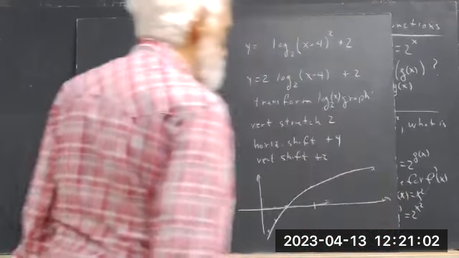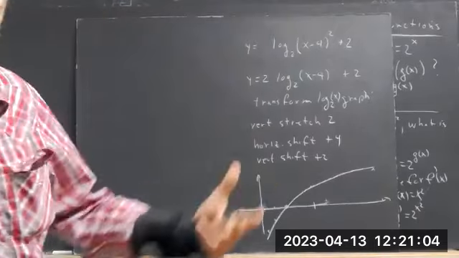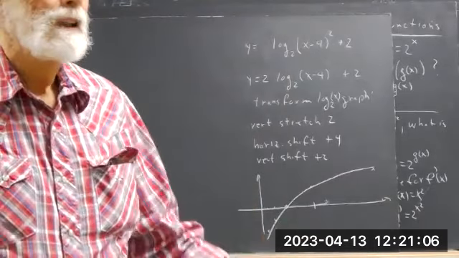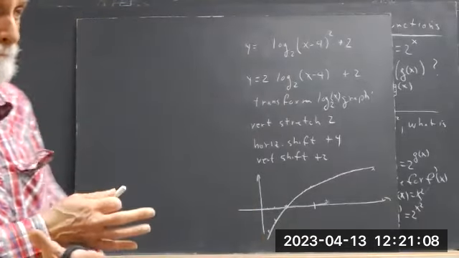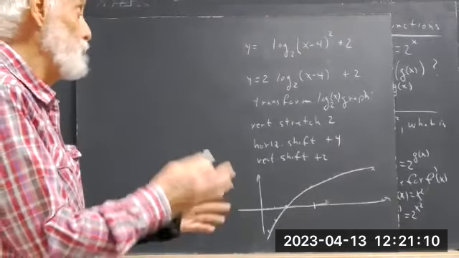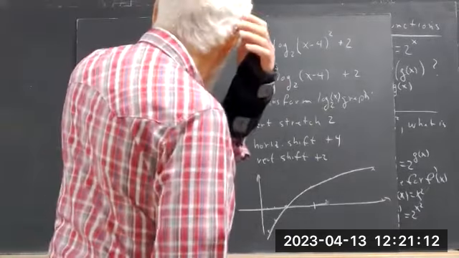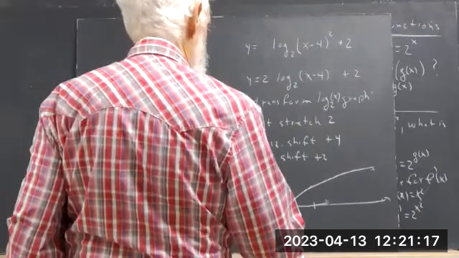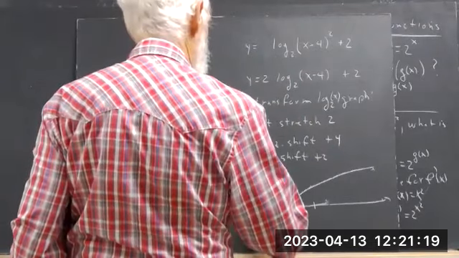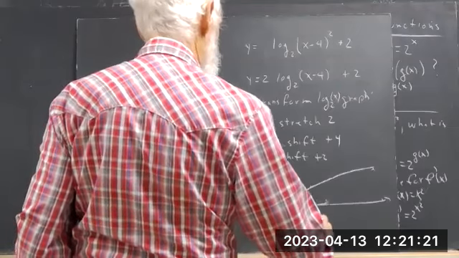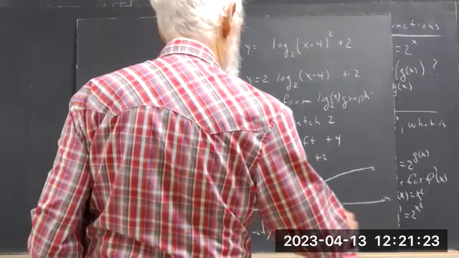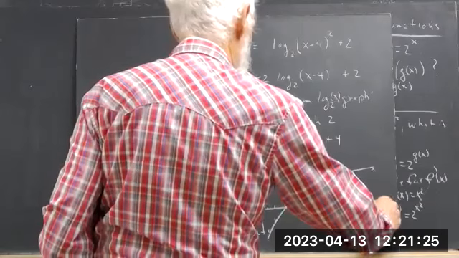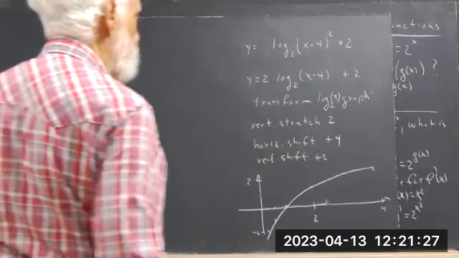But to do it, you take your 2 to the x graph table and go to columns, switch the columns, and you get your log base 2 graph. So here it is. Now here's -2. And here's 2. Here's 2, here's 4, and the rest of the numbers are known implicitly.